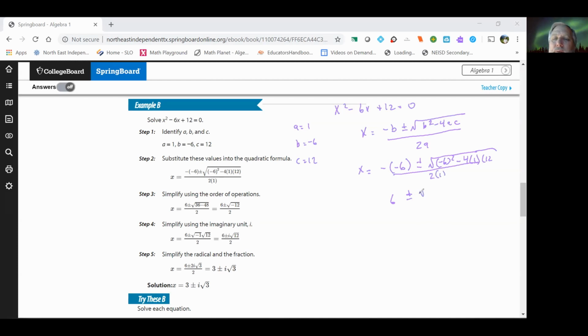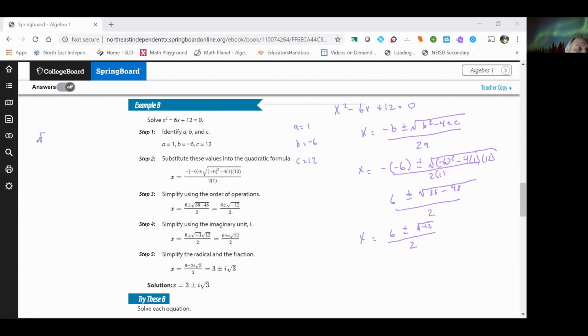It's a minus because we have only one negative sign. x is equal to 6 plus or minus the square root of 36 minus 48, which is negative 12. Square root of negative 12, all that over 2. Let's simplify the square root of negative 12.